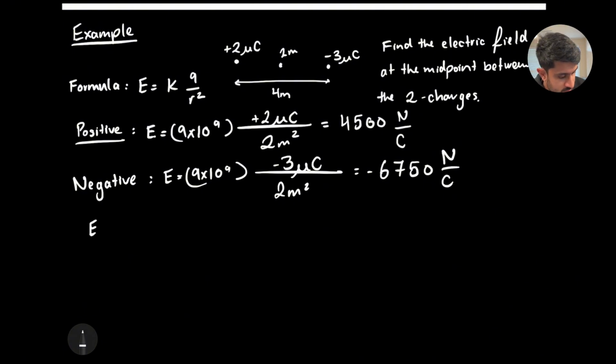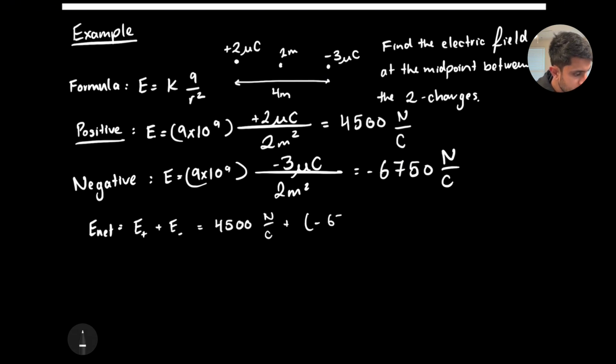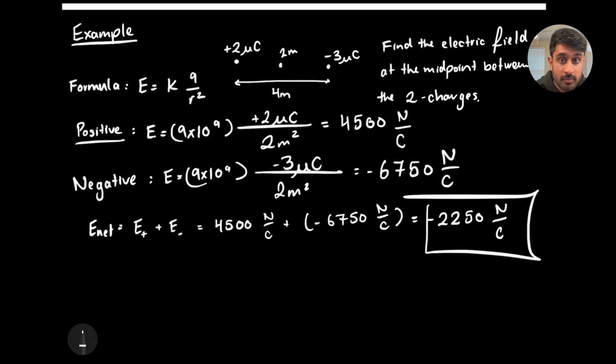So E net is going to be equal to E positive plus E negative. This is 4,500 newtons per coulomb plus a negative 6,750 newtons per coulomb. That's going to be a value of minus 2,250 newtons per coulomb, which is our final answer.